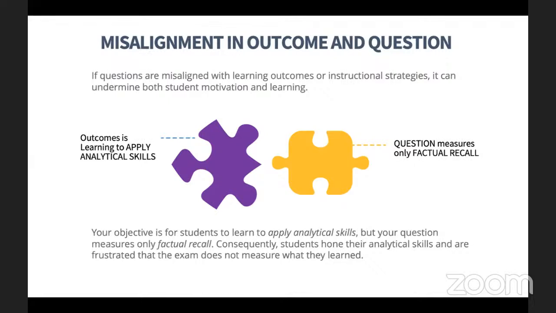So this is a false positive, because what you were expecting them to achieve is applying analytical skills. The question was just factual recall, and hence many students could answer it because it's an easy question, and you will have a false positive. You'll have a huge attainment percentage there, but it is not the right kind of output that you were expecting to see.